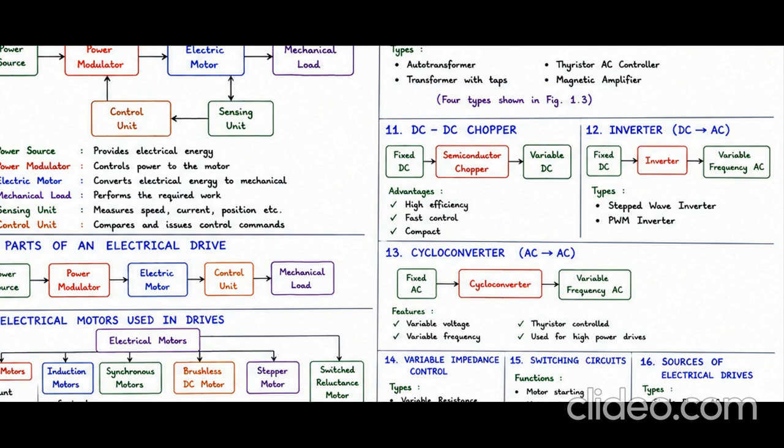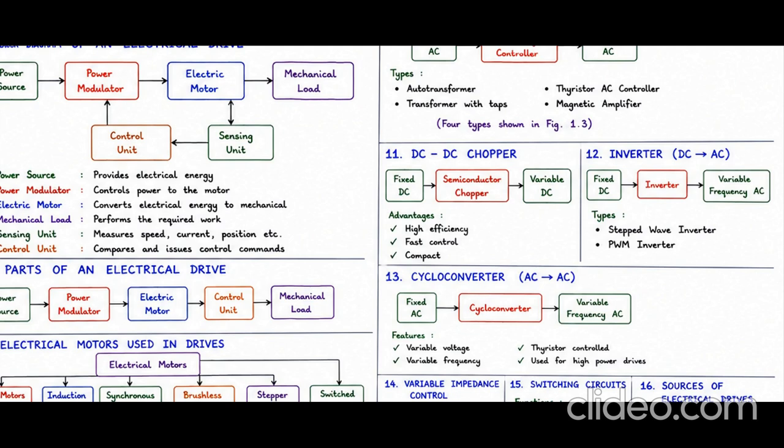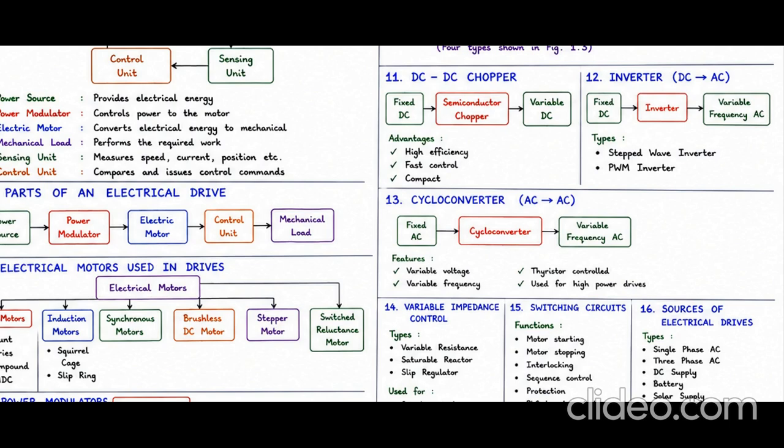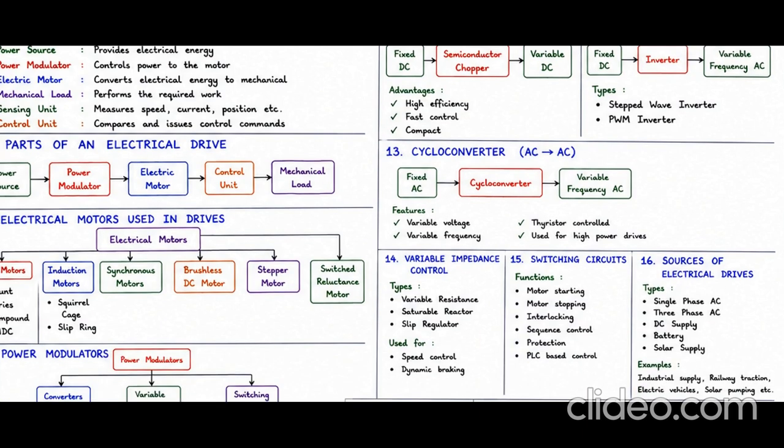The inverter converts fixed DC into a variable frequency AC. There are generally two types: stepped wave inverter and PWM inverter. A cycloconverter converts fixed AC into a variable frequency AC. The features are that variable voltage can be obtained and variable frequency can also be obtained. They are thyristor controlled and used for high power drives.